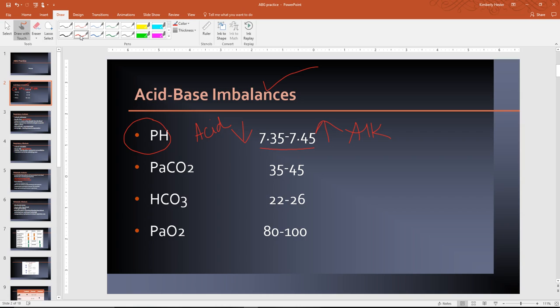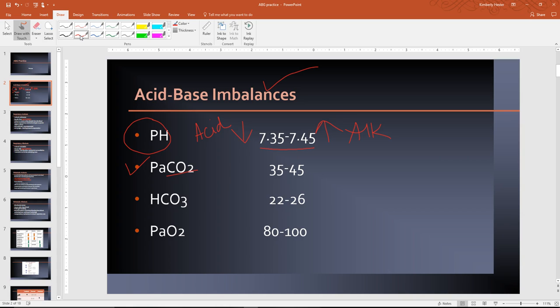Now, what we talk about when we're interpreting ABGs is two different values. The first value is your carbonic acid, also called your CO2 levels or your carbon dioxide. And you know that that is cellular waste. As the cells metabolize and give off waste, it's carried through the bloodstream up to the lungs, and it is breathed off in the form of CO2.